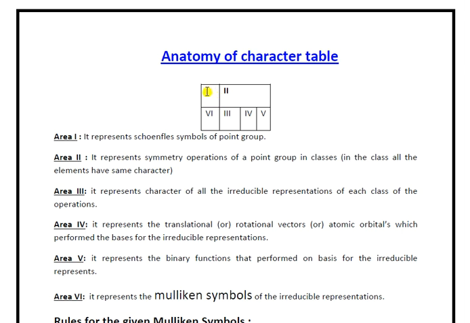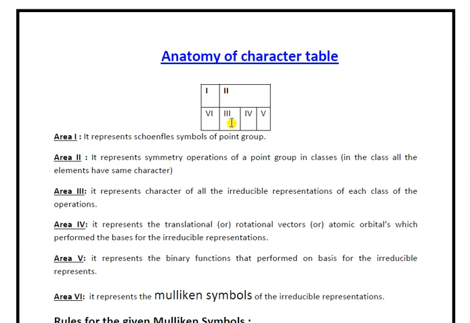In the C2V point group, how many symmetry operations are there? Those operations are put in region 2. So identity, C2, sigma V, sigma V dash, like that are placed in region 2.